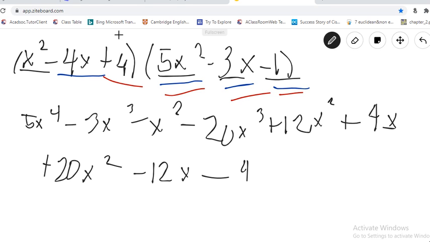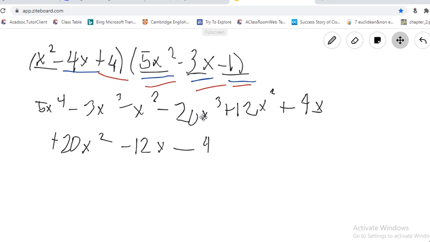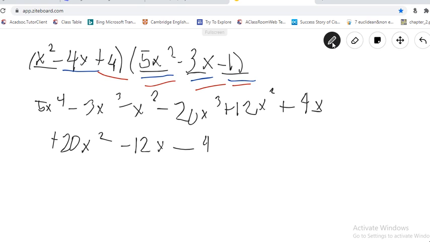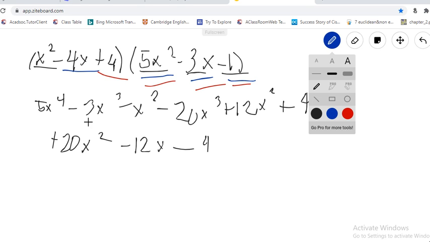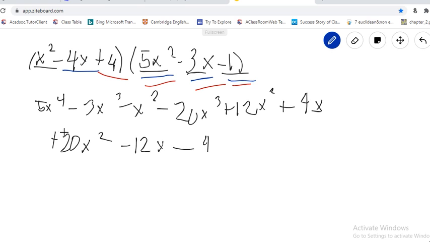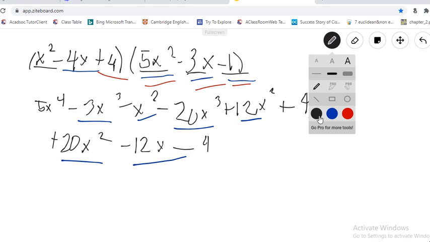Now look at our second process here. Does it have any like terms? Yes, we have the x cubed, the x squared, and then x. So we have to combine like terms.